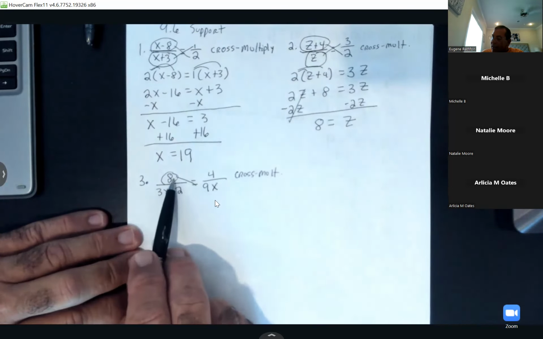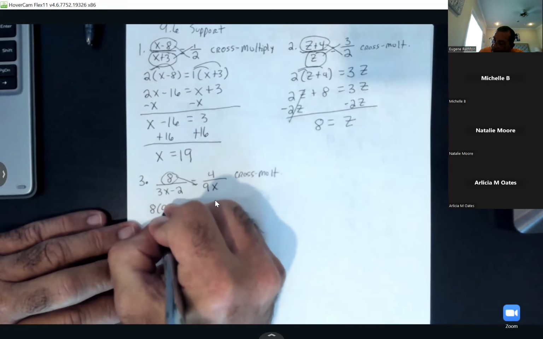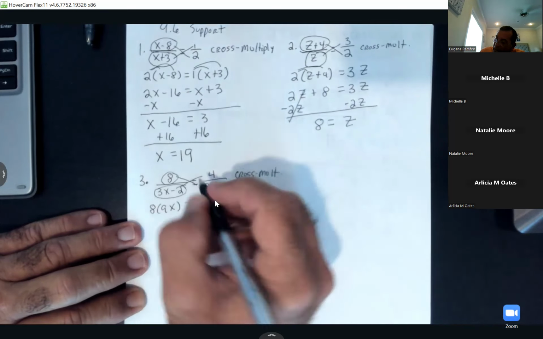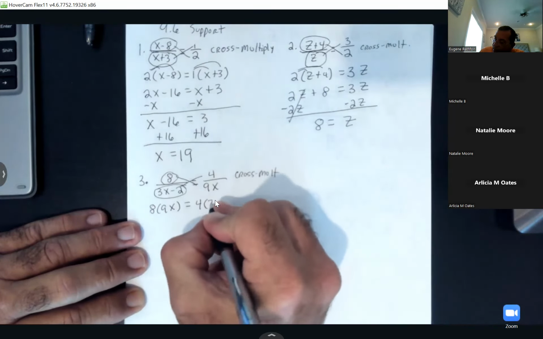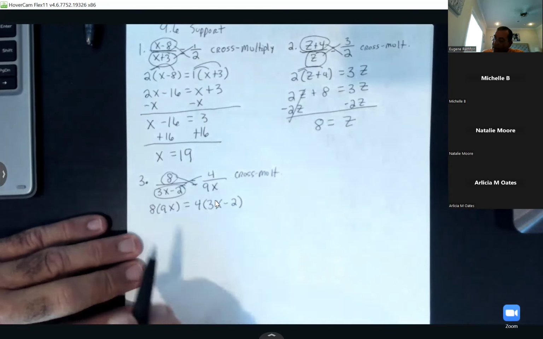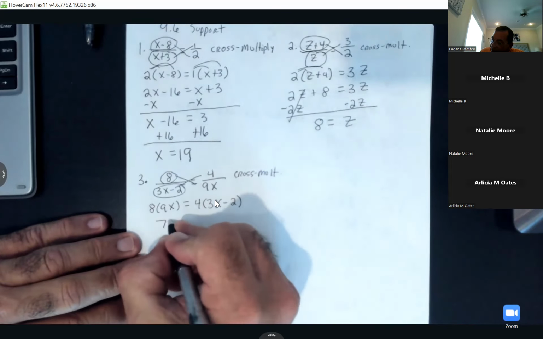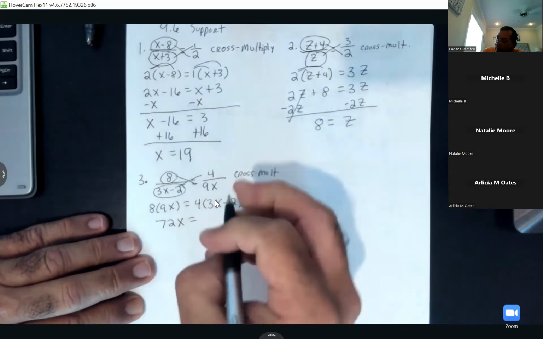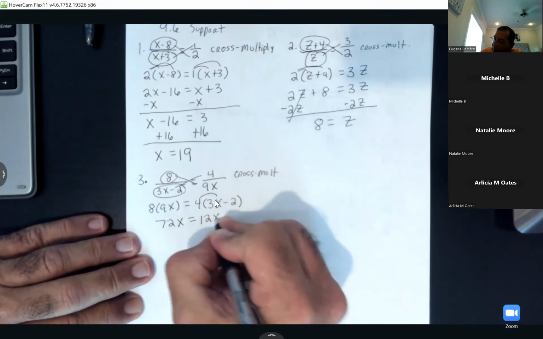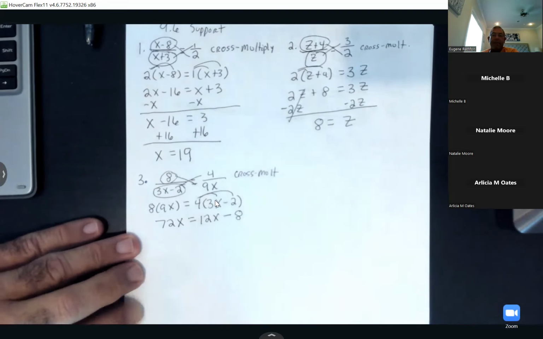So let's see, 8 times 9x will equal the 3x minus 2 times 4. All right, so let's see, 8 times 9, that's what, 72x. Over here, 4 times 3 is 12x minus 4 times 2, which is 8.